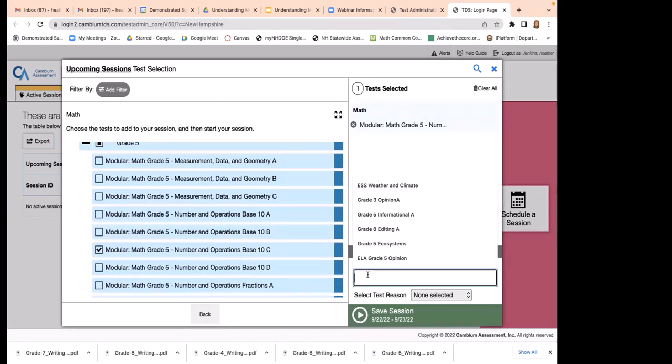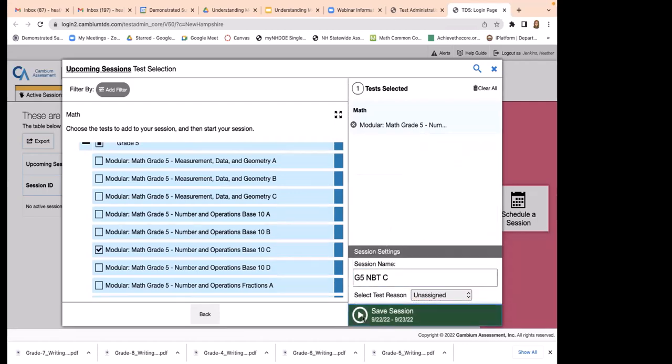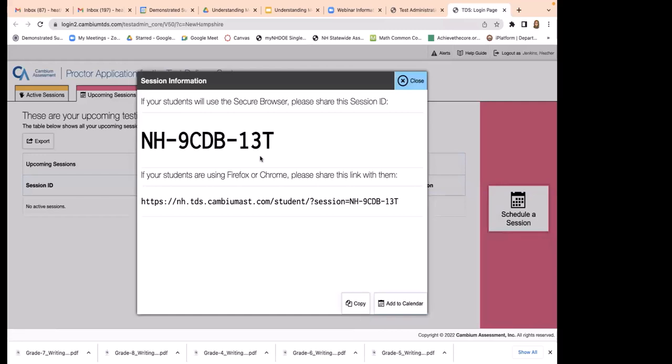I name it so that I know which one I'm going to. I might say grade 5, numbers and operations base 10, and I'll say this is modular C. Again, test reason, we want to keep it the same as all of our colleagues, and I click Save Session. Here's the information with my session ID.